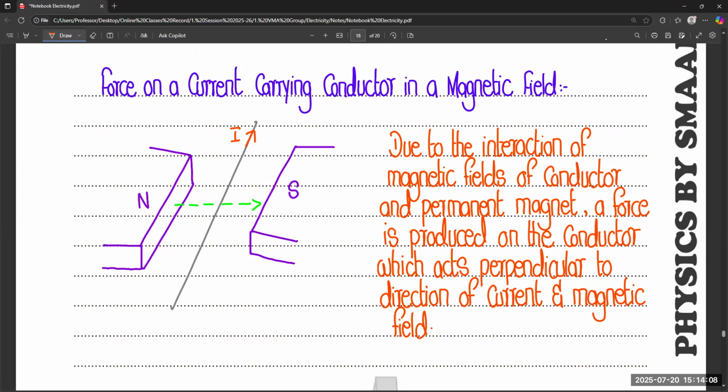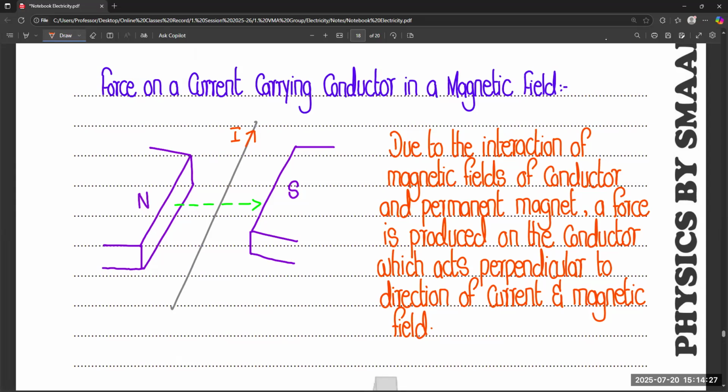And according to the description we mentioned, it is also written the same, which acts perpendicular to the direction of current and magnetic field. So all three quantities are mutually perpendicular to each other. Okay. So this is the concept of force on a current carrying conductor.